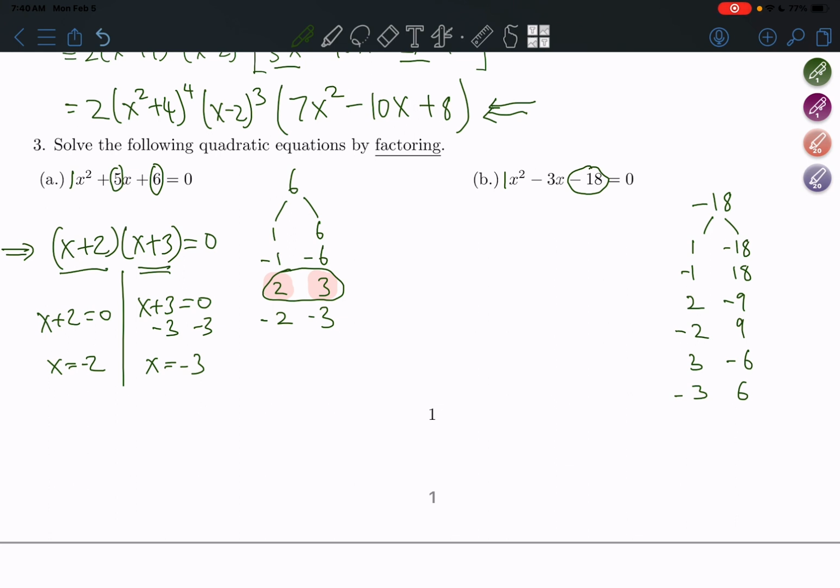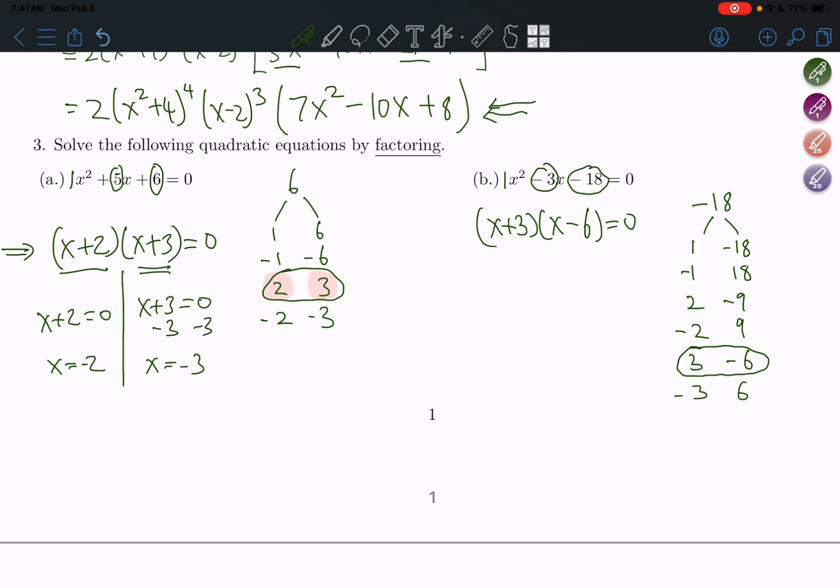So here we go. We ask ourselves, which one of these adds up to the middle number, which is negative 3? And again, there's only one, if it's factorable, which in this case is this one right here. So the factor is just x plus 3, x minus 6, and then equals 0.